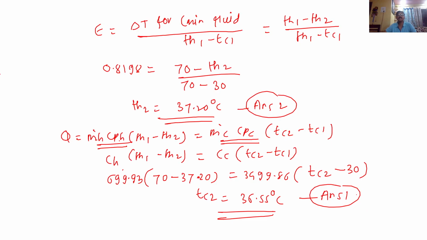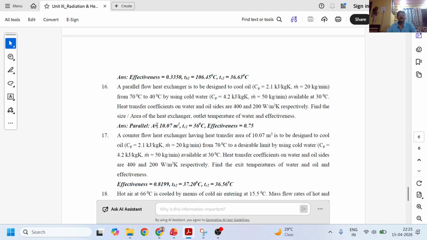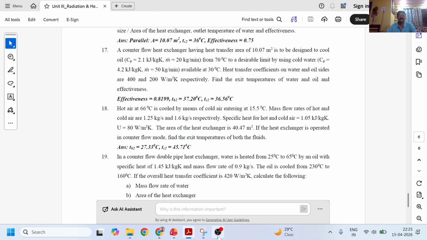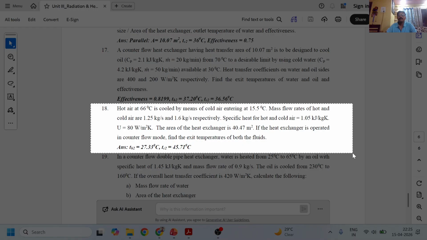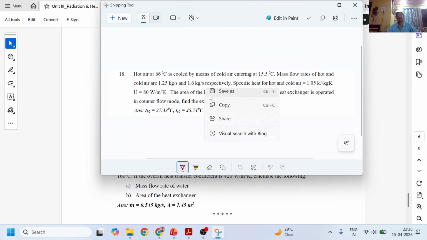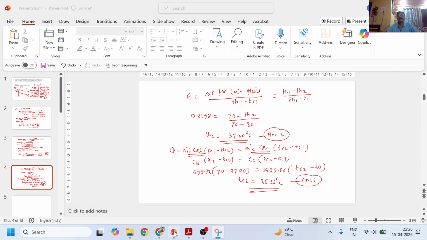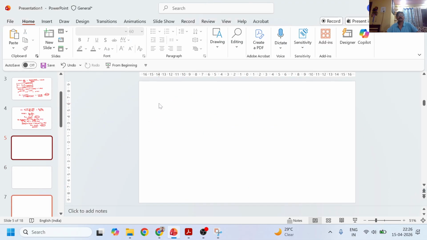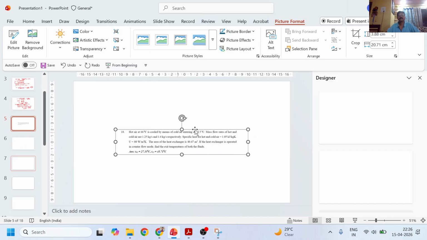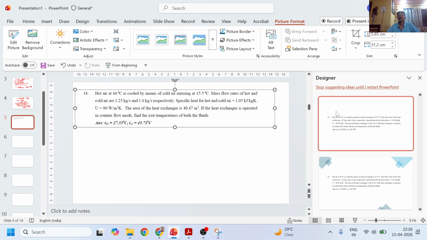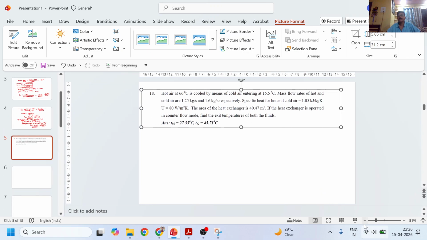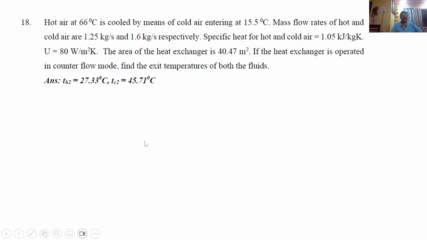Now we'll move to the next problem. That is problem number 18. Let's write down the data for this problem.